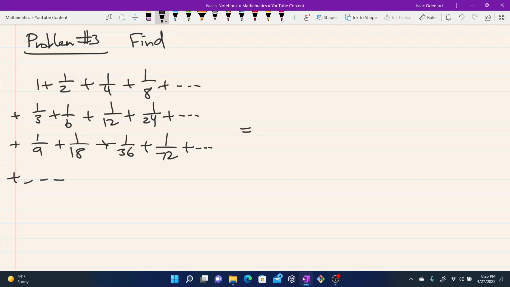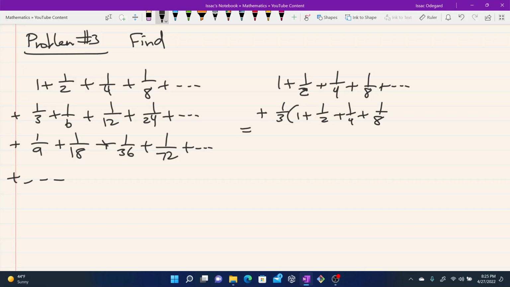Okay, so the observation here is that each successive row is multiplying the previous row by 1/3. So let's try to write that down and see if that simplifies anything. Okay, so the second row, I'll factor the 1/3 out.